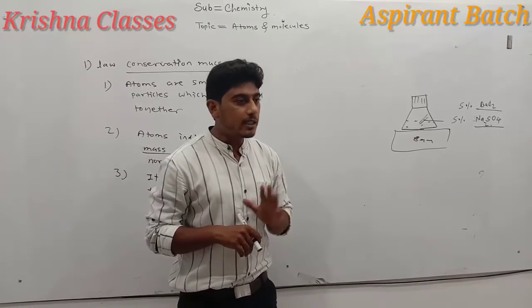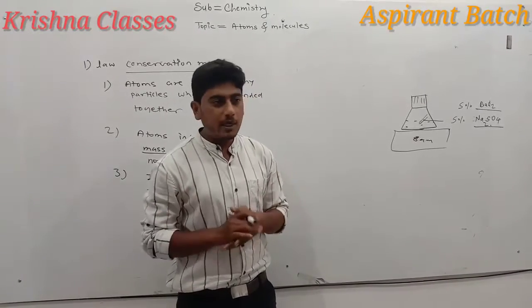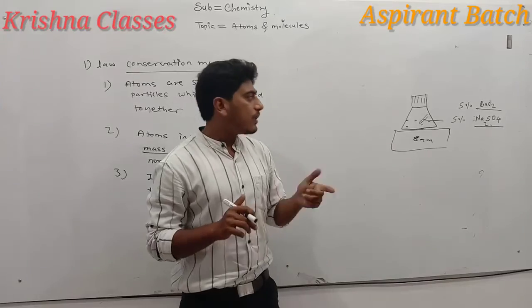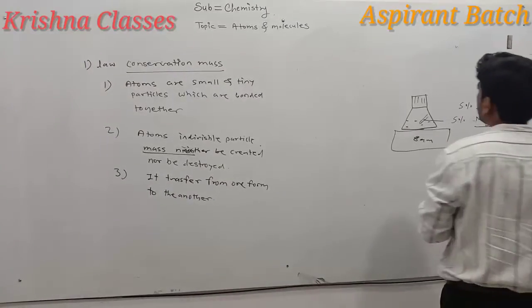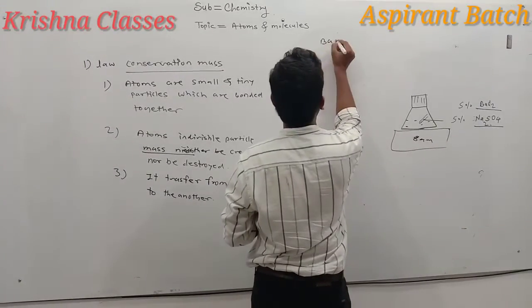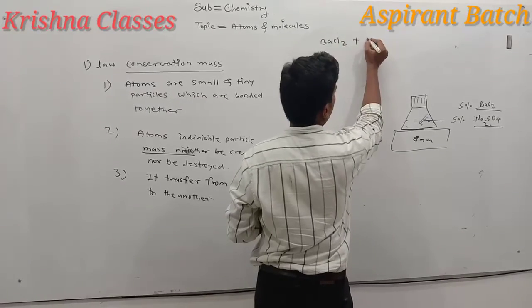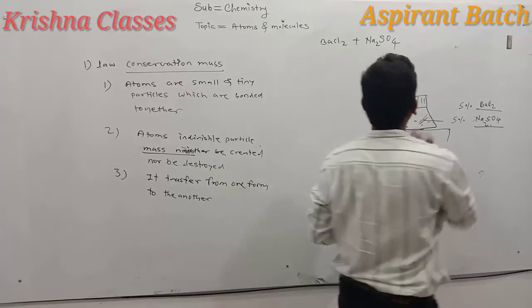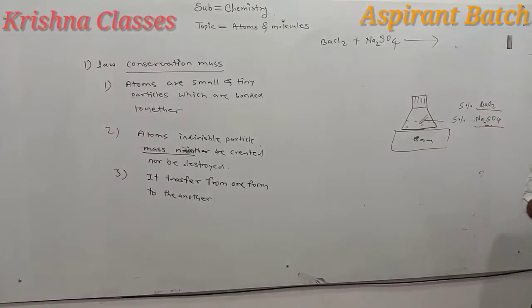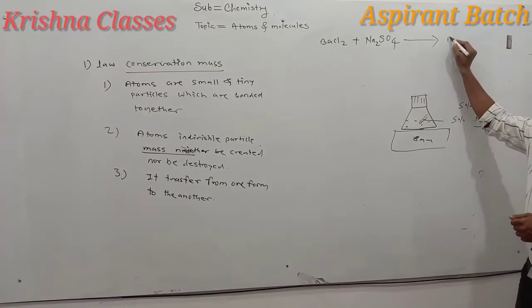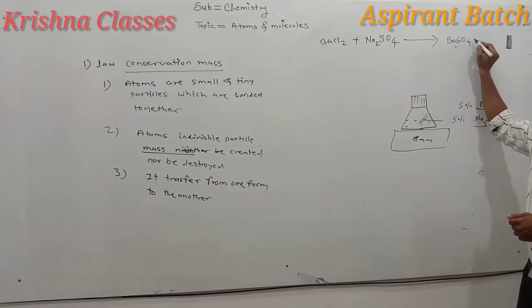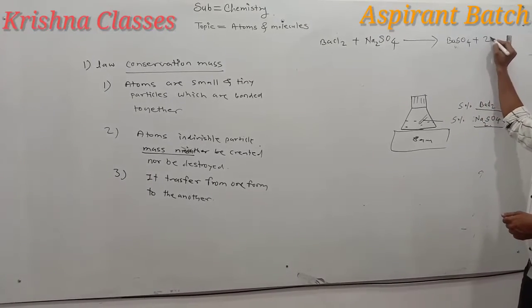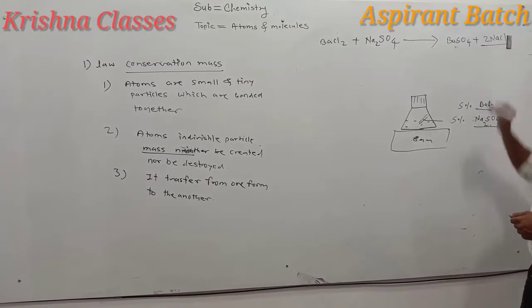A chemical reaction takes place. And after the chemical reaction, what will be the product? Here we write down first: barium chloride reacts with sodium sulfate, and the products are BaSO4 plus 2NaCl.